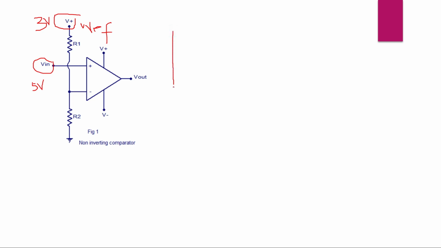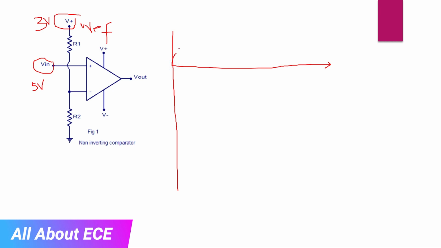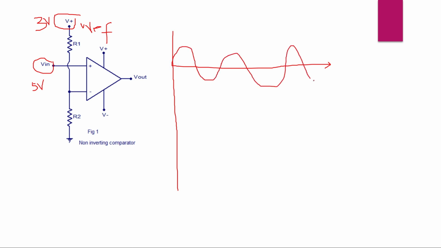By showing the waveform itself, you will understand better, so I am trying to convey this message with the help of waveforms. I am taking a sine wave with an amplitude of 5 volts. This is not exactly 5 volts, so kindly bear with this because I do not have proper software on my side.